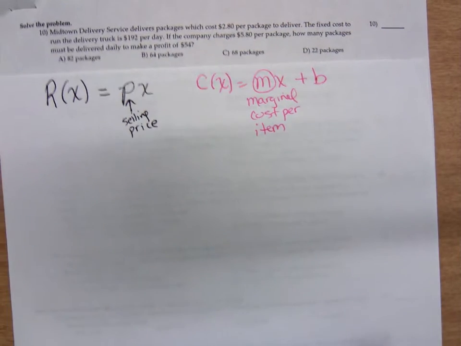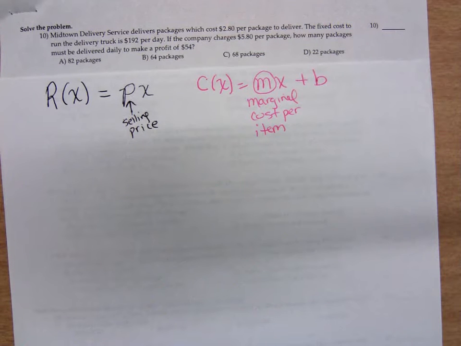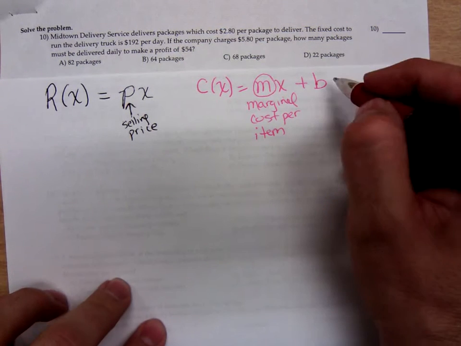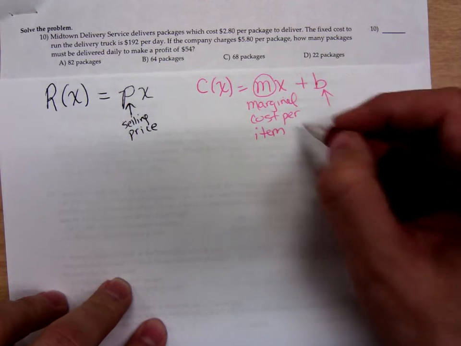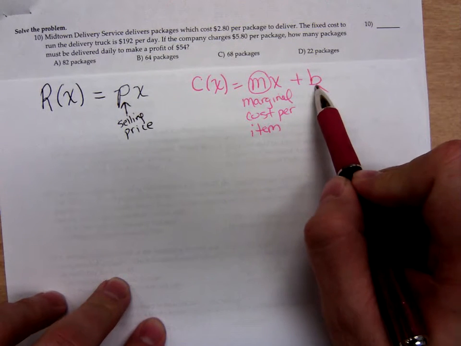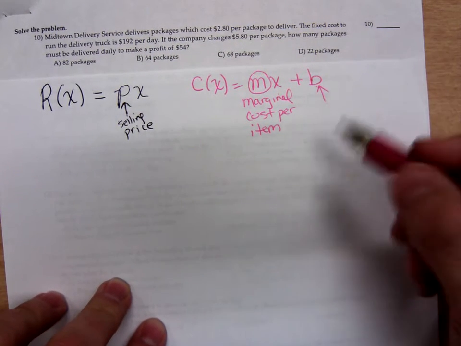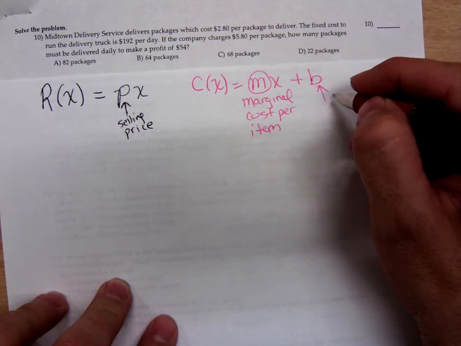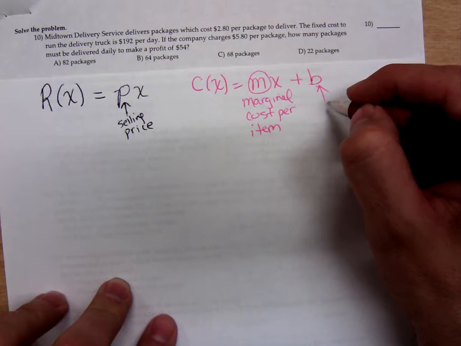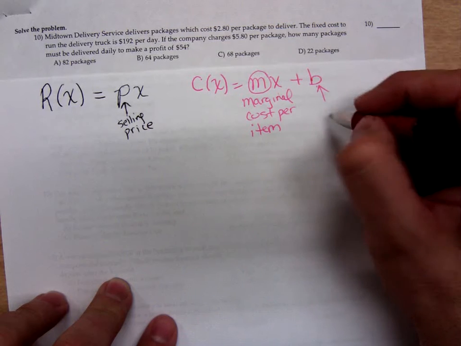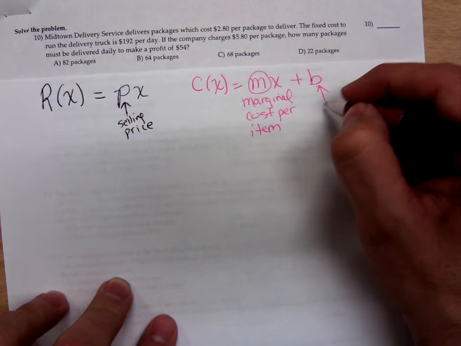If you were making those tacos, it might be the cost of the supplies. Okay? For every taco, you've got to buy the supplies to make it. B, in algebra, we call that the y-intercept. Here in junior economics or junior finance, we call it the fixed cost.